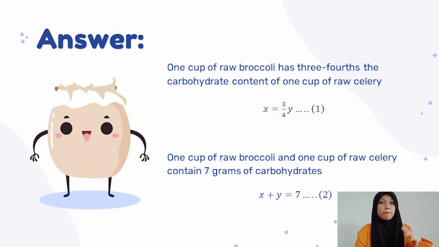We can make the math equation x equals 3/4 y. This is the first equation. Next, 1 cup of raw broccoli and 1 cup of raw celery contain 7 grams of carbohydrate. We can make the math equation x plus y equals 7. This is the second equation.